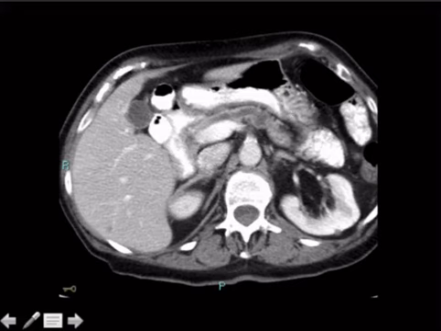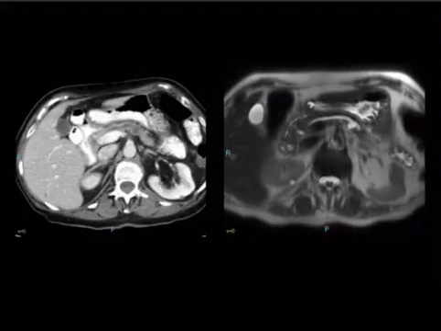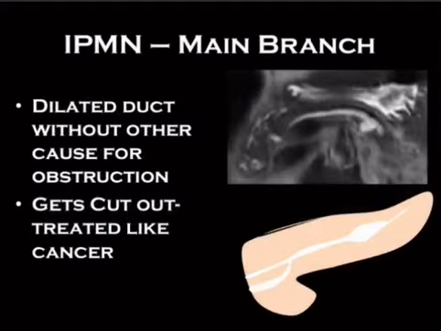Here's an MR, T2. T2 is good for looking at the duct. Are they showing you the duct? Yeah, they're showing you the duct. So the duct is dilated. There's no obvious reason for obstruction. It would be nice if they showed you a gallstone or something. They're not showing you the common bile duct. They're not showing you a double duct sign. So this is a main branch IPMN.